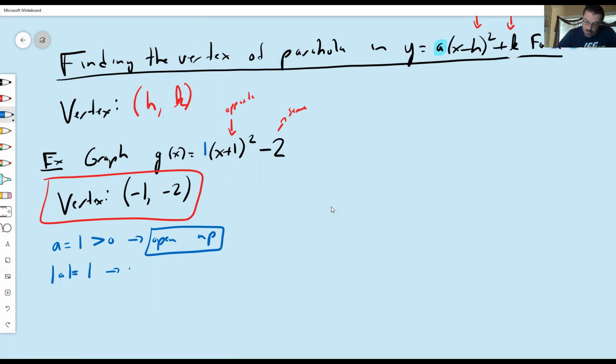Actually, I'd probably call it no change. But that I mean no change from the original y equals x squared parabola. So that's what I would call it. Okay.